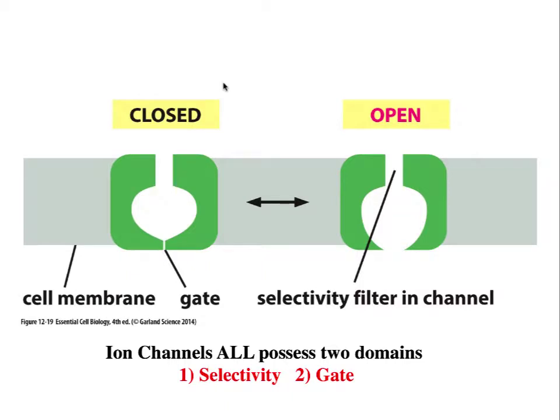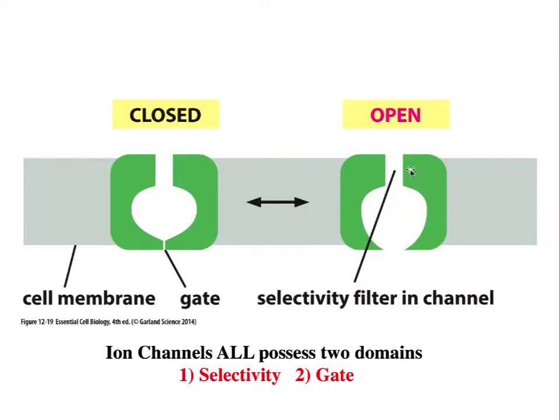So how do we classify ion channels as being on and off? Well, the terms closed and open can be applied at this point. So this gate here on the left is closed because this part of the protein is unable to allow the passage of its ions. So this will be one domain of this protein complex.